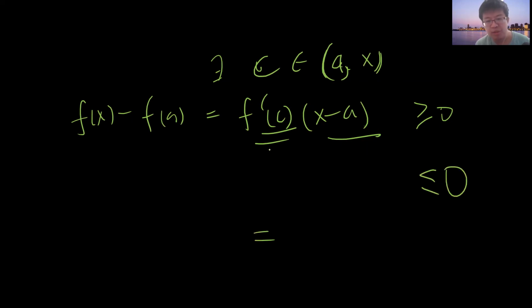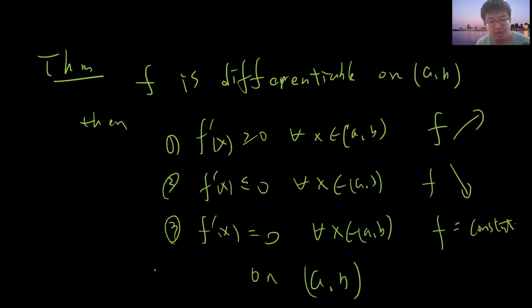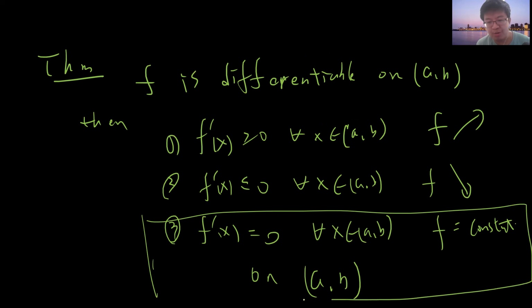If it's constantly 0, it means f is constant. This proves that when the derivative is 0, you always get a constant by the mean value theorem, which is not obviously correct if you do not know the mean value theorem. If you only know the derivative is 0, then in higher dimensions it doesn't seem like f should be constant.